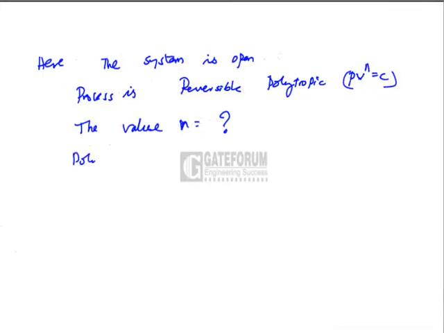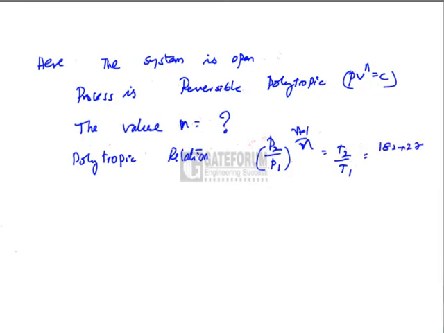I use the polytropic relation between initial and final states. Because both the pressures and both the inlet and exit temperatures were given, I use the polytropic relation: P2 by P1 whole to the power of n minus 1 by n is equal to T2 by T1, where T2 is equal to 182 plus 273, divided by 600 Kelvin. Any temperature ratios must be in Kelvin scale.